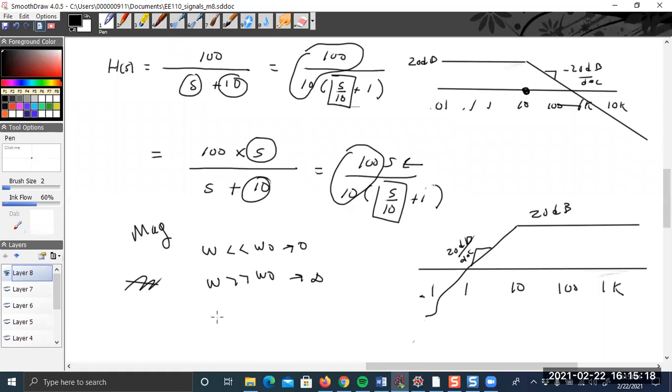And for phase, you have the same two conditions, but you also have where it's equal. In the magnitude, everything happens from omega naught.